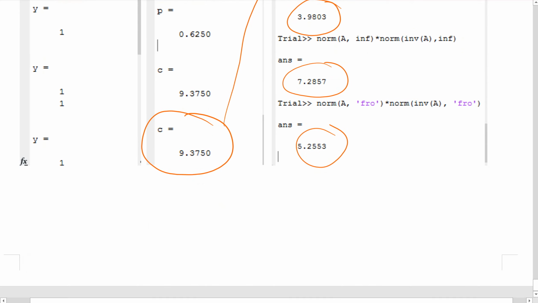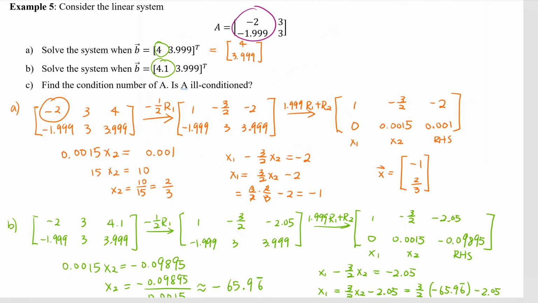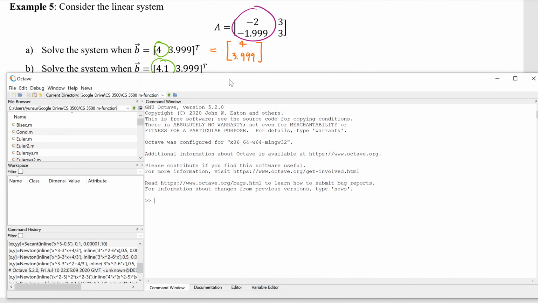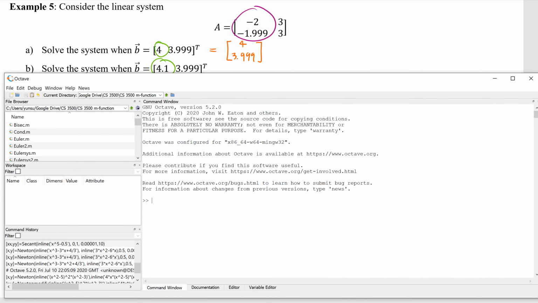Okay, let's check the answer in our previous example. So let's get back to our example, and this is Octave, okay? Let's input A equals the matrix -2, 3, and -1.9993.